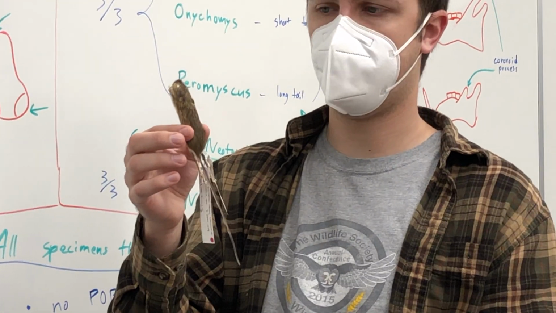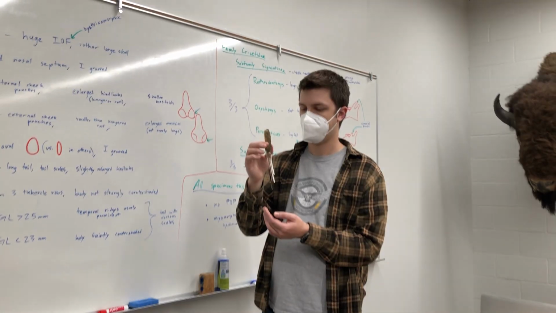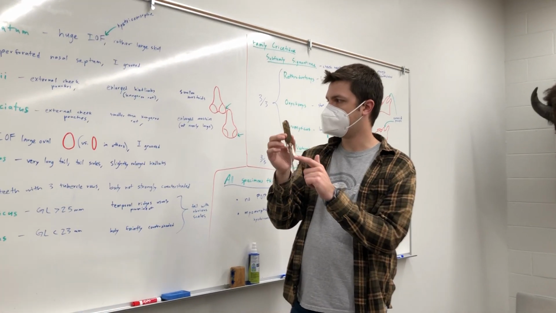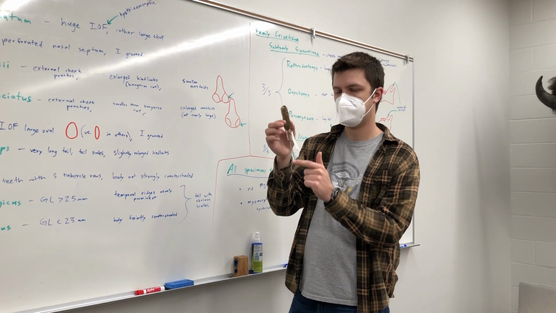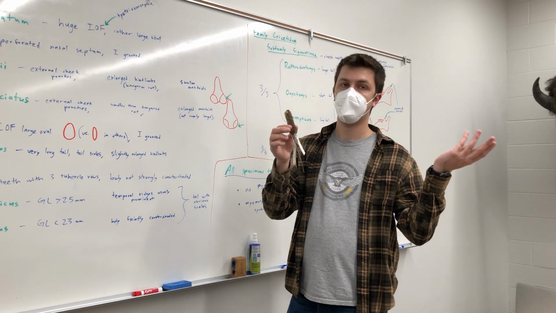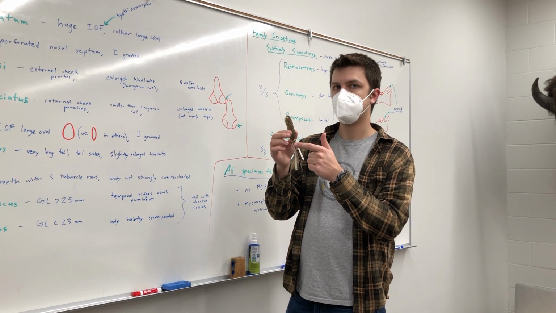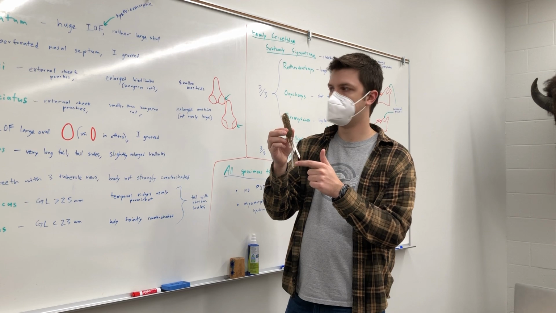It's the only species we have like that. One last thing is that there are scales on this tail, which is in contrast to some of the species we'll look at, like the pack rat or the deer mouse. Some species have scales, some don't. This one does.